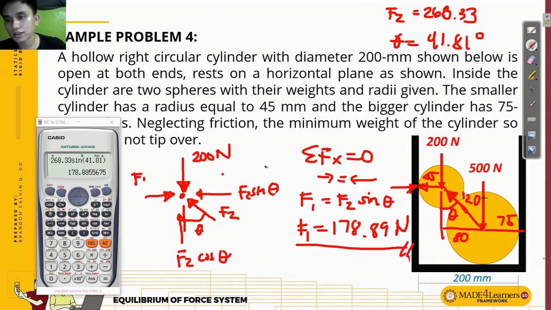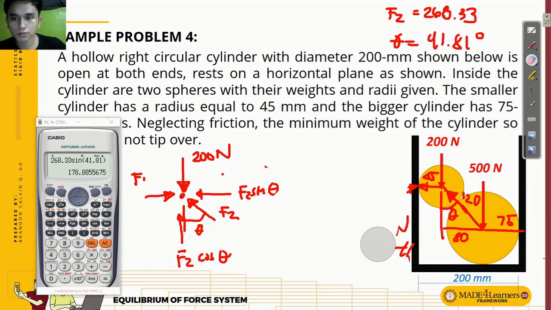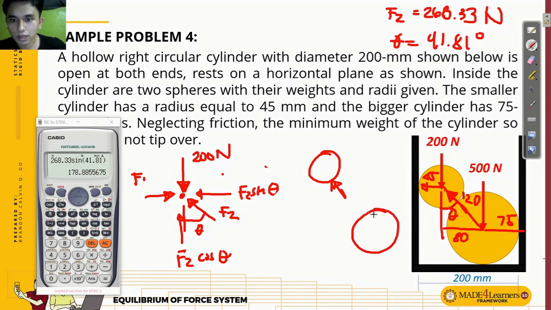Okay, same here. If we focus on the smaller sphere, its contact with the bigger sphere is the F2 we solved, 268.33. If we focus on the bigger sphere, it is in contact with the force from the smaller sphere, so the value is the same. If we combine them, they are opposite in direction, so they equal 0. That is why you cannot see them if we consider the whole body diagram.